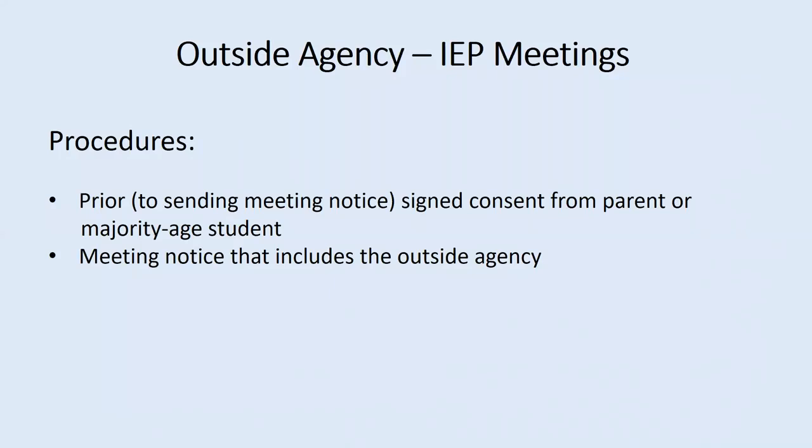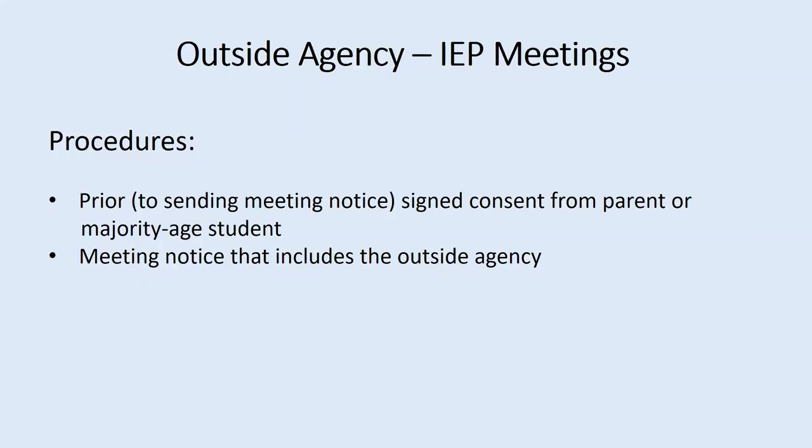Okay, all right. So what we were talking about a minute ago was using outside agencies at IEP meetings. As we said, we think we'll see more of this. Again, just to reiterate, be sure to get the consent prior to sending out the meeting notice, and then make sure that agency or that person, if it's a representative of the work-based site that the student's attending, is on the meeting notice when it goes out.